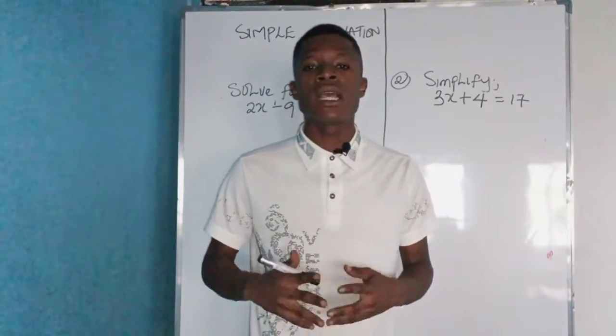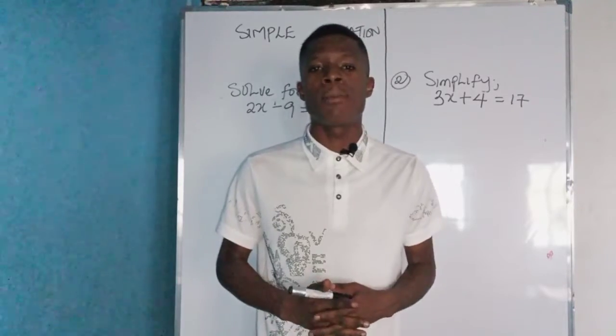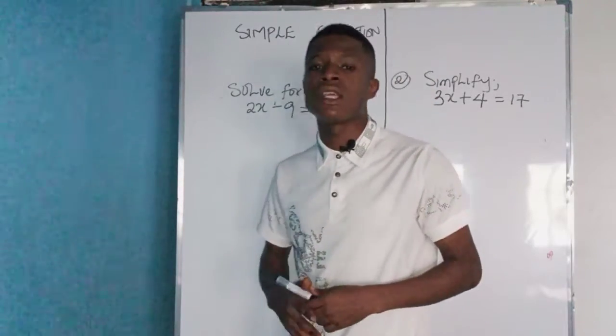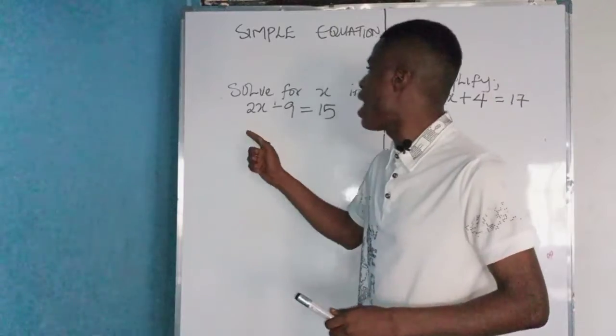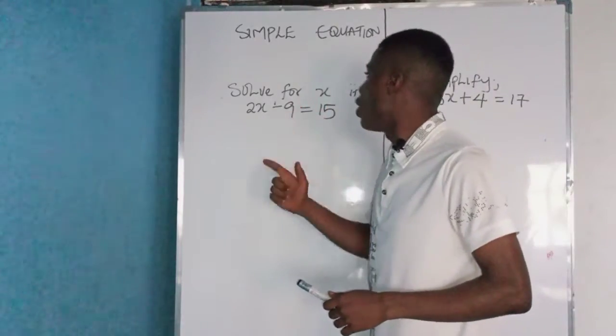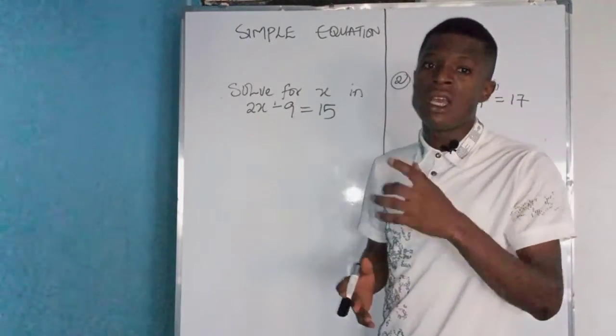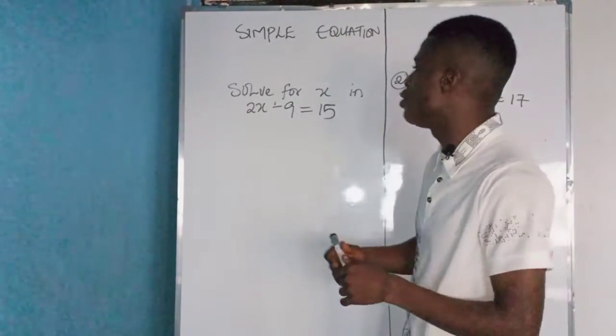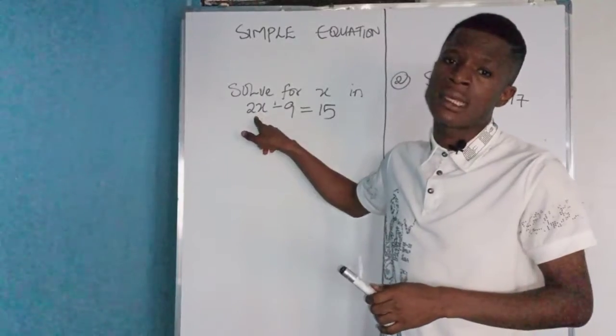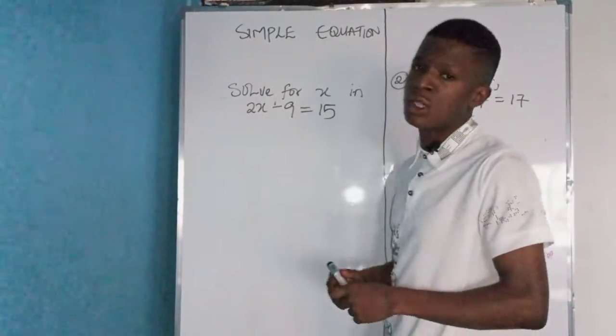On this point, I'm going to do a little example. If you observe this equation well, we are told to solve for x in 2x minus 9 equal to 15. We are looking for the value of the variable x that will satisfy this equation.